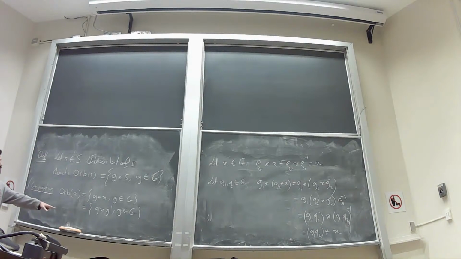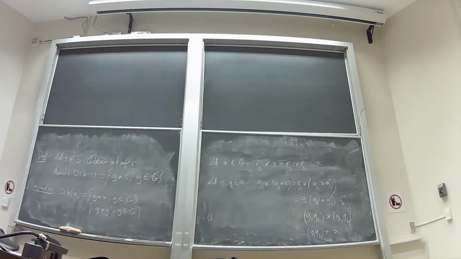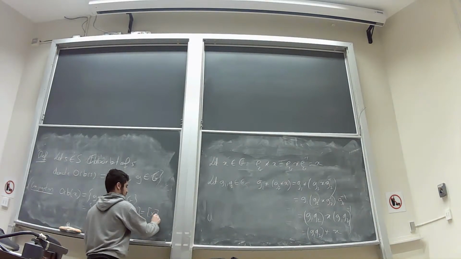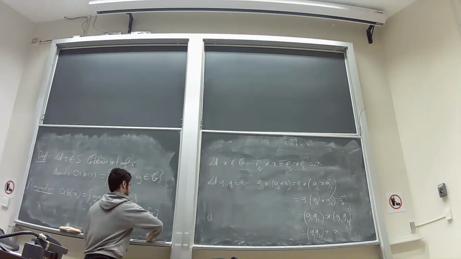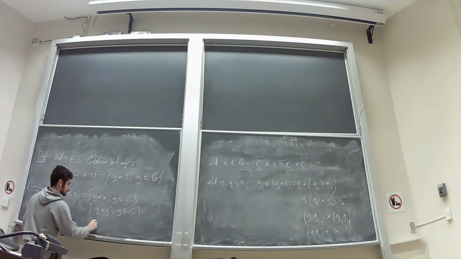It's g x g inverse as g ranges in G. What do we call this? The conjugacy class of x, correct?